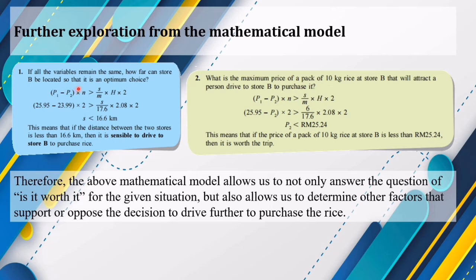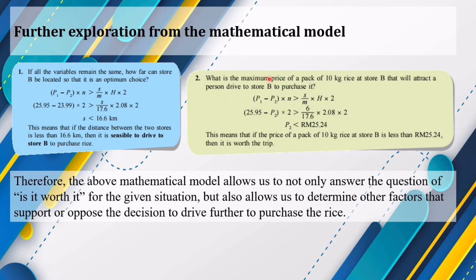So we use the formula S more than T and substitute the value of each alphabet, leaving the distance as an unknown. And then we find the value of the distance is less than 16.6 km. This means that if the distance between the two stores is less than 16.6 km, then it is sensible to drive to store B to purchase rice.